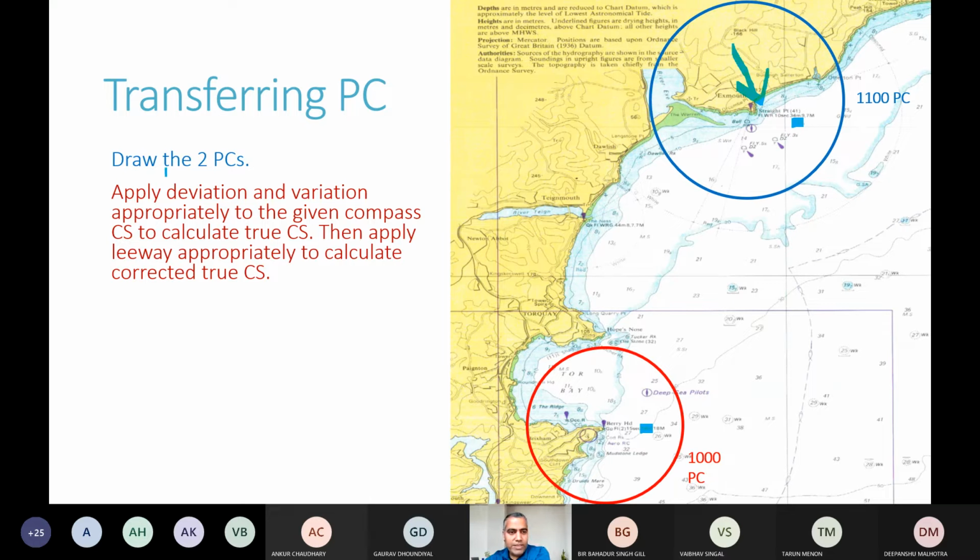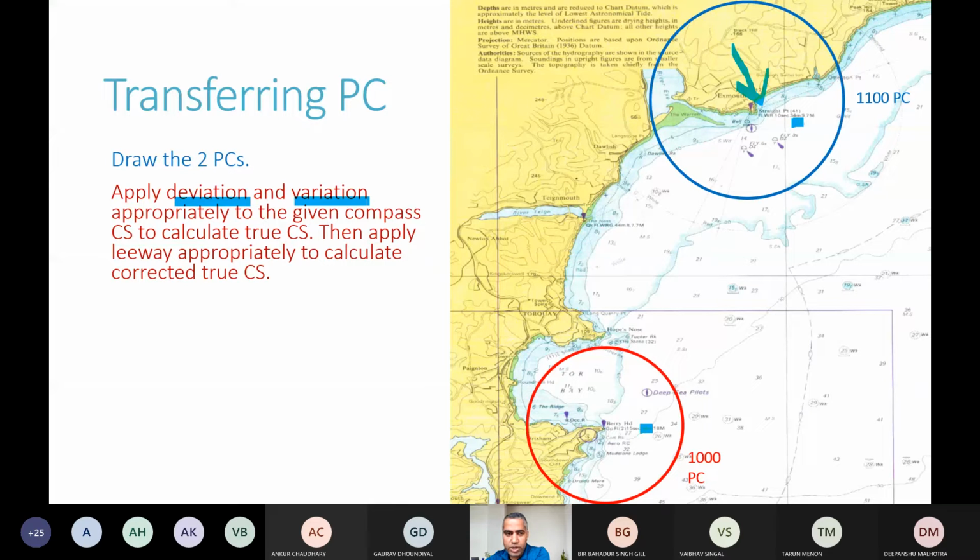So height of the light will be obtained from the chart. Okay, so once these position circles are drawn, the second thing which they give us is the compass course steered. So we have to convert it to true course steered. We never plot compass courses or compass bearings on the chart. We always plot true courses and true bearings. So we apply the deviation, which we will obtain from the deviation card. Deviation card is provided to us, and we will apply the variation.